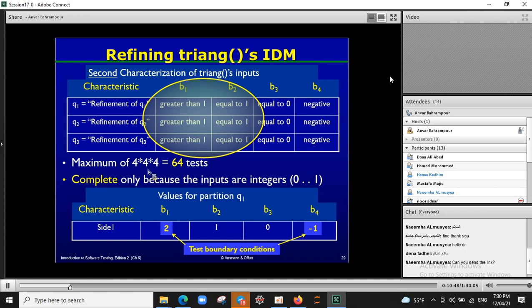And this is the same for the third side. So we have 4 product, 4 tests when we want to do complete test.